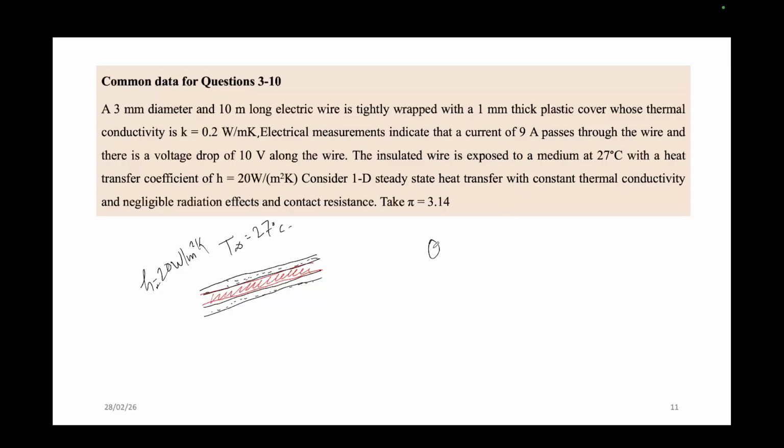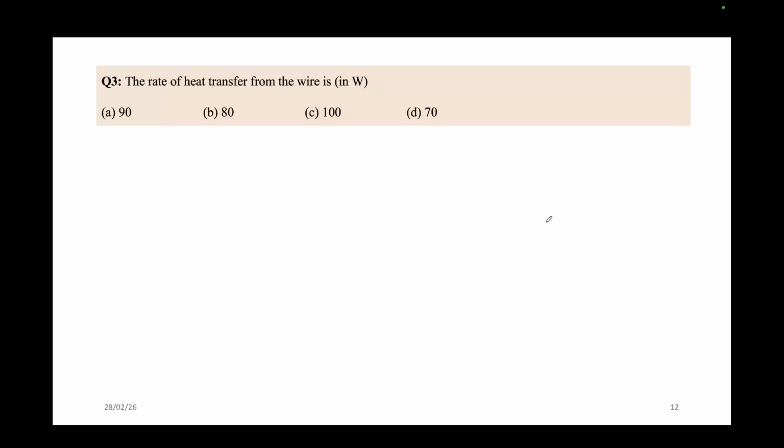So this Q is basically V into I, right? V is given as 10, I is given as 9. So basically 90 watt is your required heat transfer. That is a simple question. So the correct answer is option A, this is your 90. Right. I hope that you understand this thing.